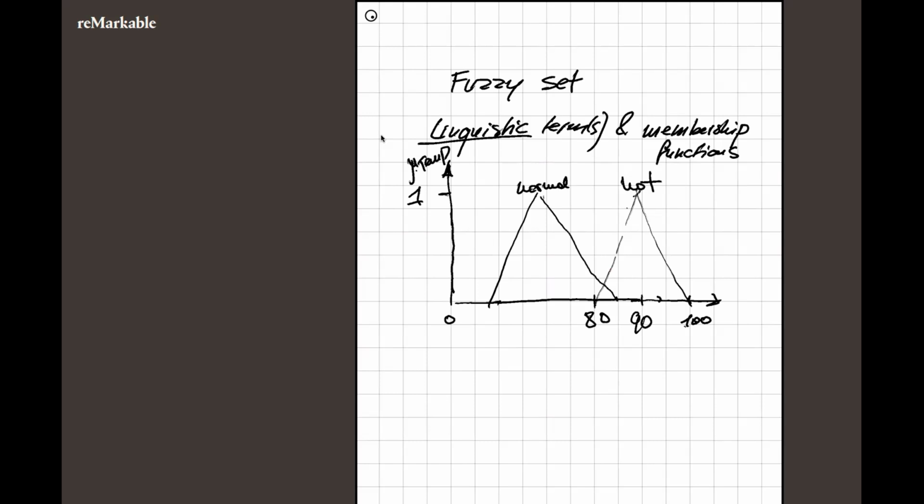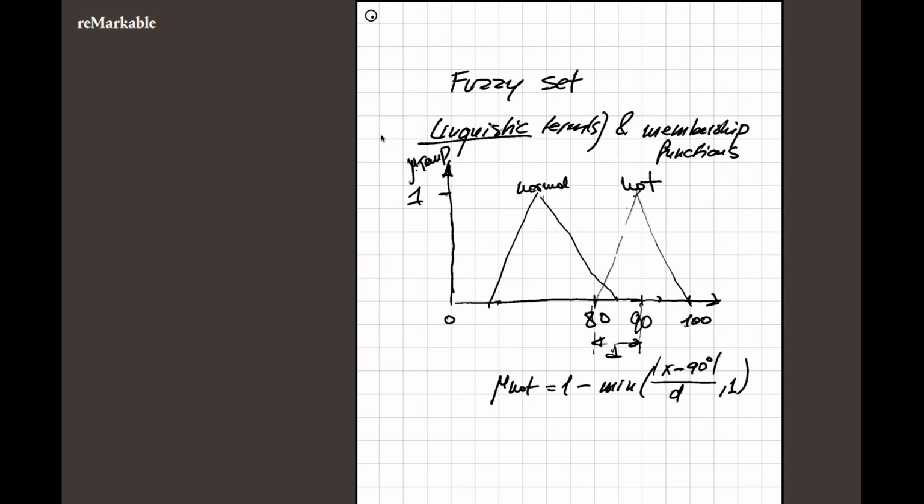They can be empirical, so that you fit expert opinions, or they can be analytic, like, for example, in this case, mu hot could be defined as 1 minus the minimum of the absolute value of x minus 90 degrees divided by d, and 1, like this, and d would be this span from the central value to the border of the interval.